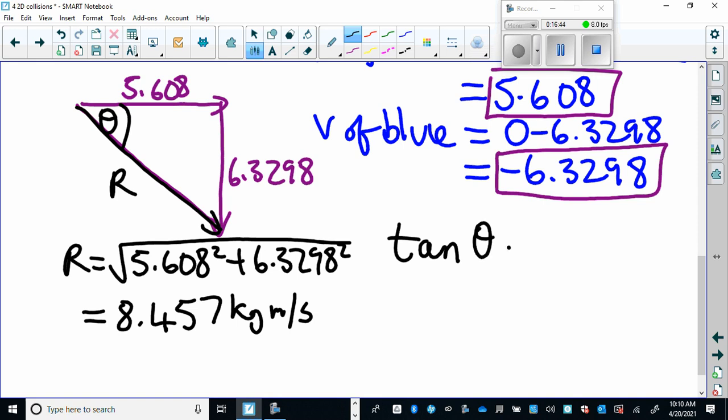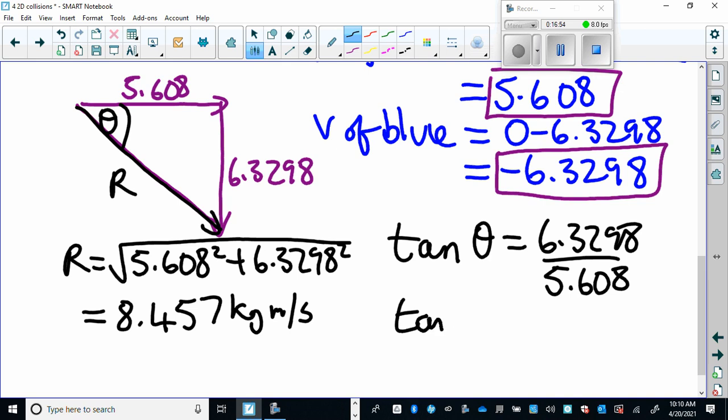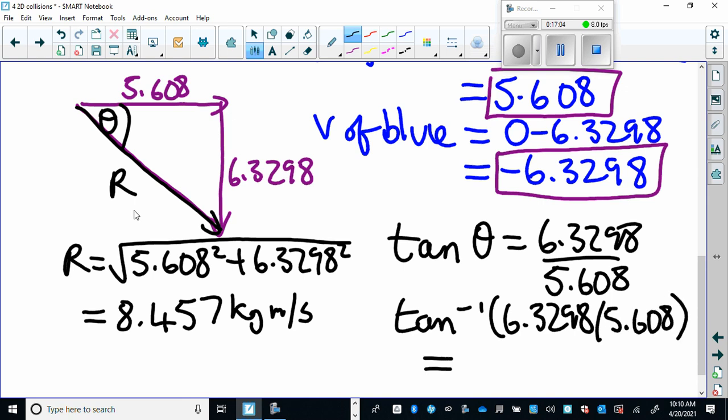Let's just go tangent theta equals the opposite over the adjacent, and then we can use the inverse tangent feature on your calculator. Remember, use the inverse if you're trying to find an angle. 6.3298 over 5.608, there we go. And we get an angle of 48.4 degrees, so we're just going to round it off to the nearest degree, 48 degrees.